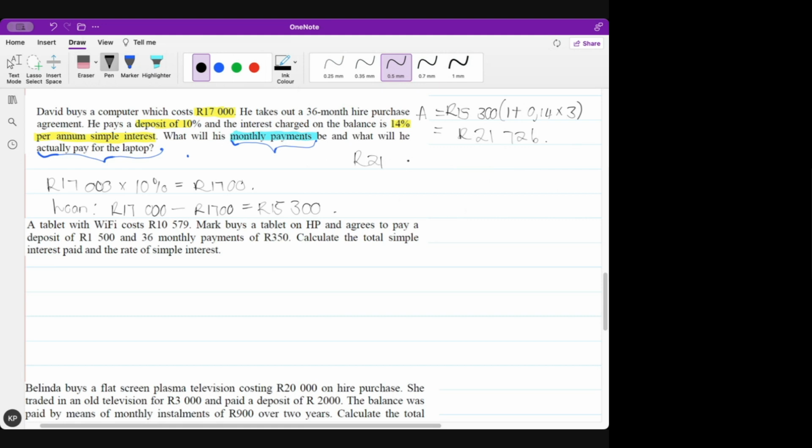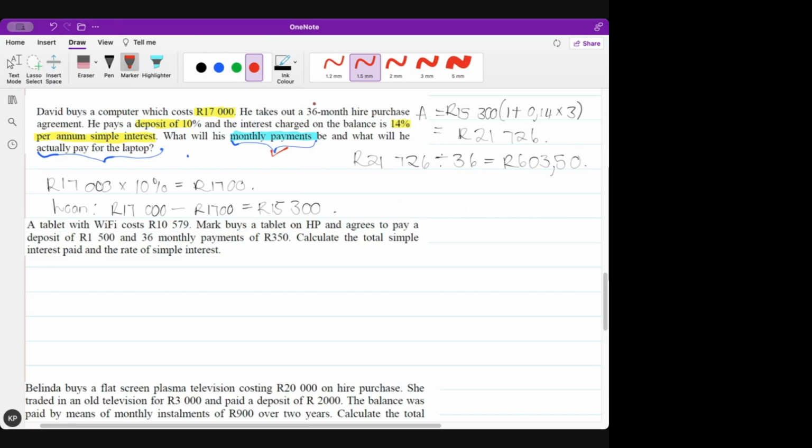Great. This is where we're going to figure out our monthly payments. So we're going to say 21,726 divided by 36. Great. So what are our monthly repayments? 21,726 divided by 36: 603 Rand 50 cents. Great. So the first part is answered.